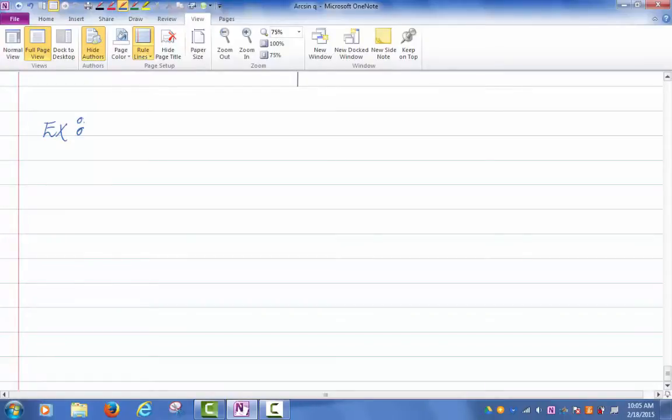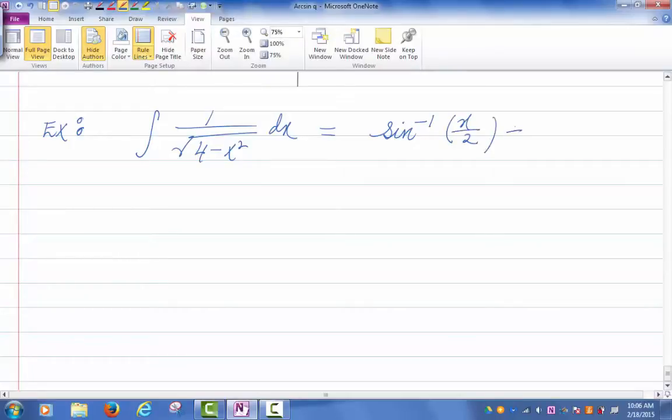Generally speaking, last time what we saw was the integral of 1 over root of 4 minus x squared dx, and the answer we got was sine inverse of half x plus c, right?